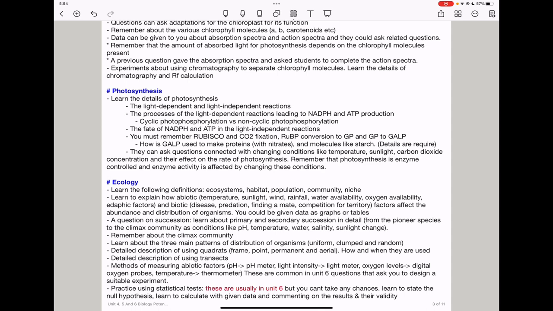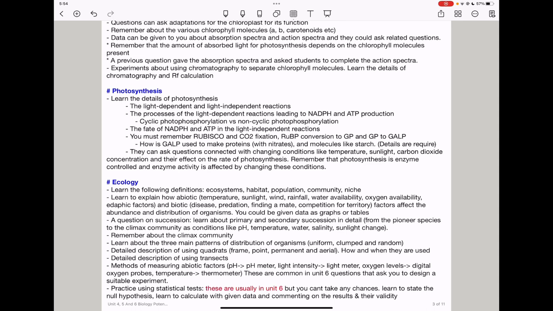Questions could come about succession, and here they could bring images, maybe a graph or maybe images like in tables, to show you how a specific area has been transformed due to succession. Remember, succession can be primary succession or secondary succession, and you need to include the details of how the pioneer species come and how those pioneer species change the conditions in order to allow other organisms to come.